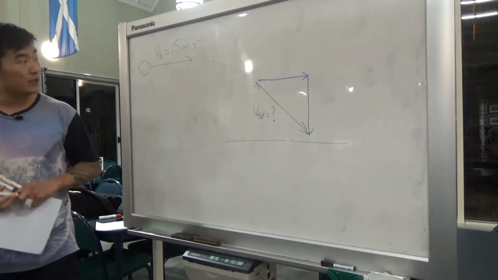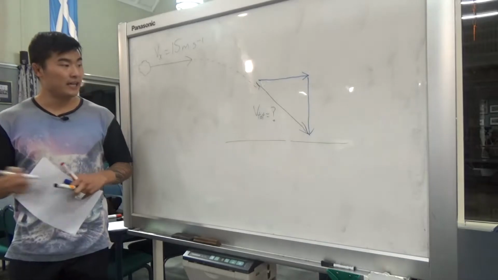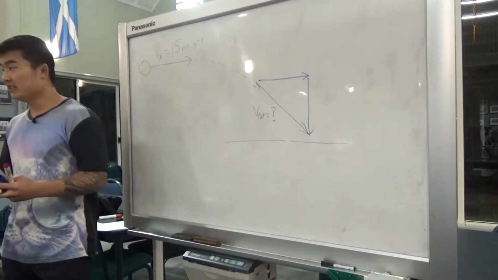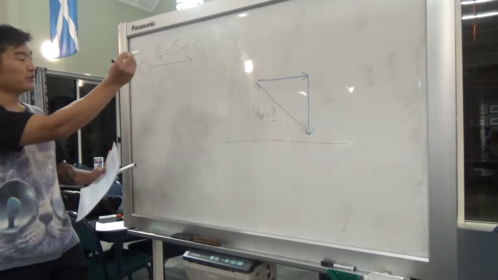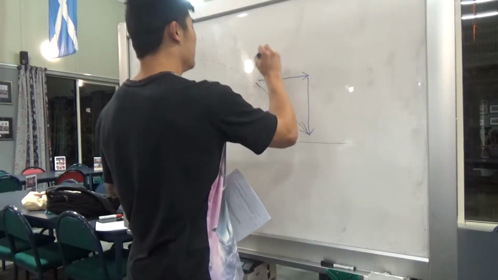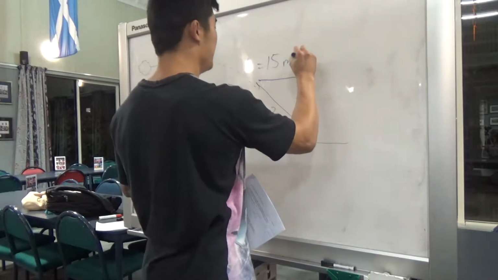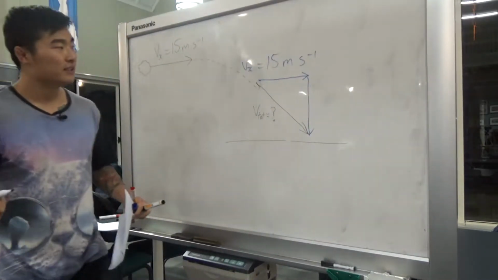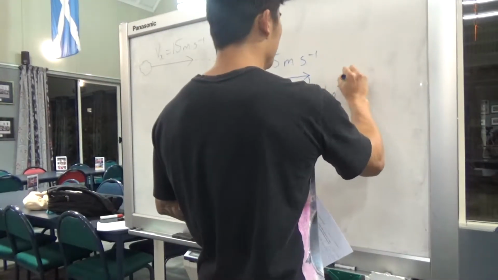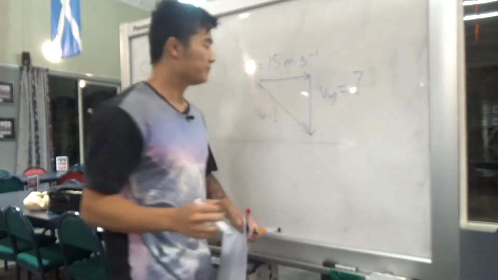The horizontal component of this stone isn't going to change because there's no air friction. So the horizontal component, which was originally 15 meters per second, will be 15 meters per second when it hits the ground. And now we need to find the vertical component, so Vy is equal to question mark.